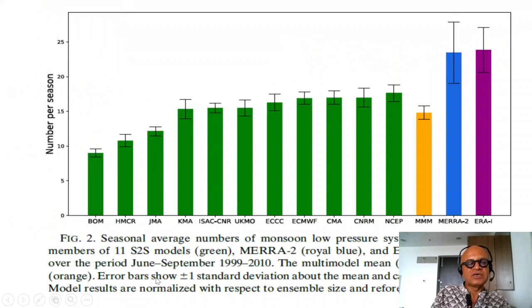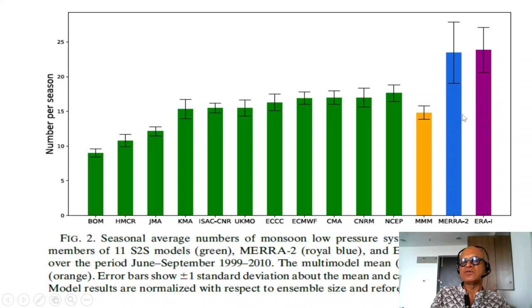Then Andy Turner's group, I think Deoras was the lead author, looked at the number of low pressure systems per season. This is the seasonal average number of monsoon low pressure systems in all ensemble members of 11 S2S models in the green colors here, the MERRA reanalysis product in royal blue, the multi-model ensemble of these models, and the ERA reanalysis.